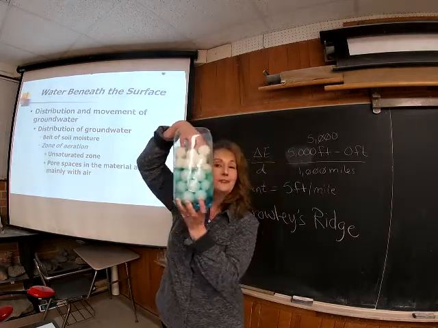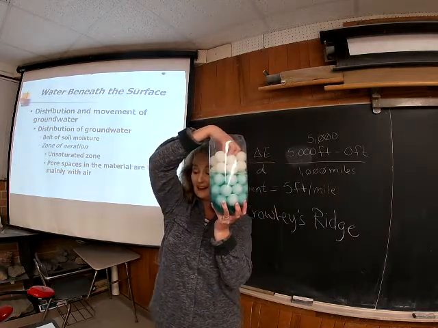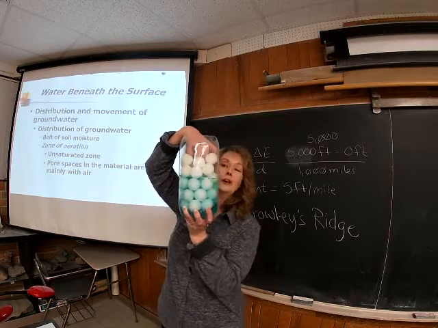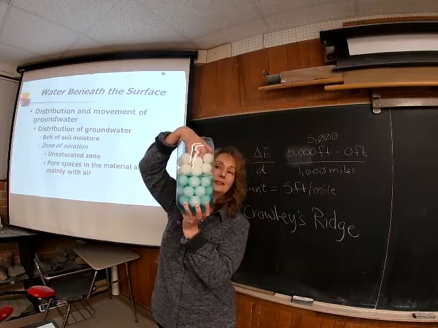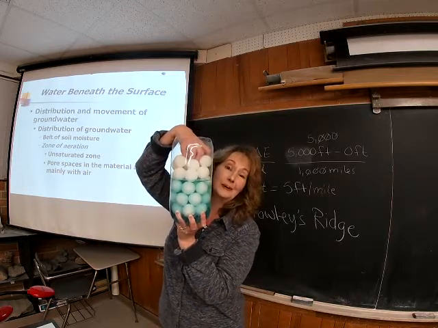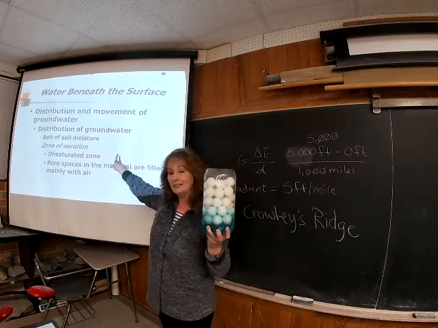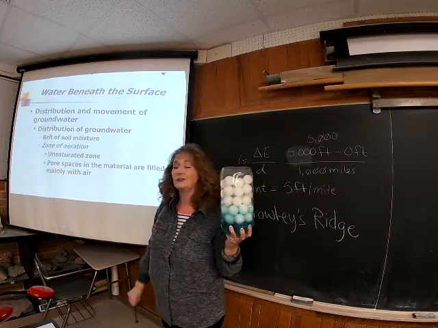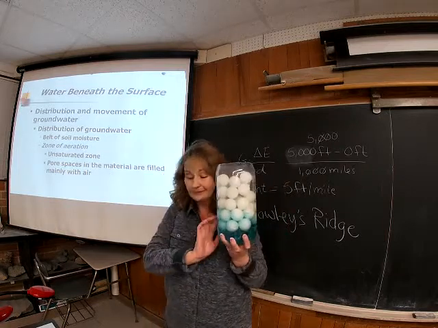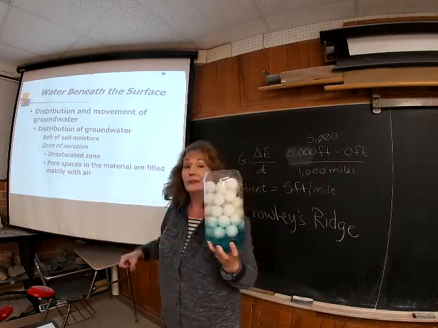Okay, so here we go. All that water's filling in the pore space in there, but up towards the top, you can still see that there's air in those pore spaces. They call that the zone of aeration, that unsaturated zone, and that's mainly filled with air.